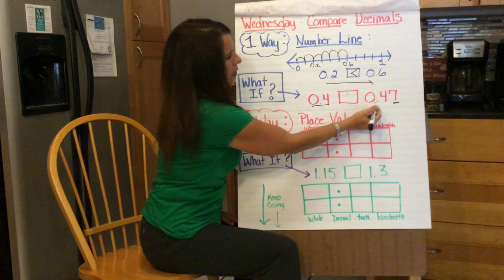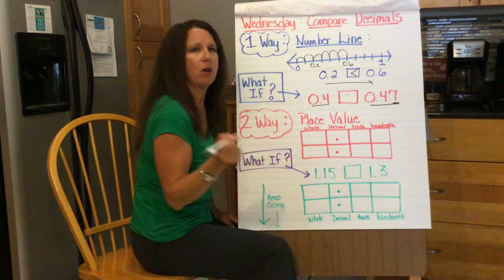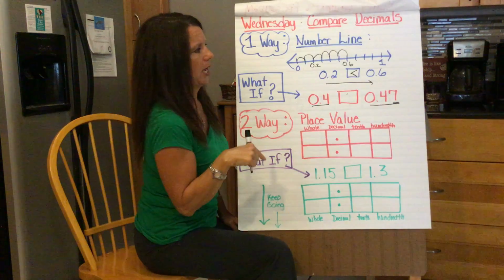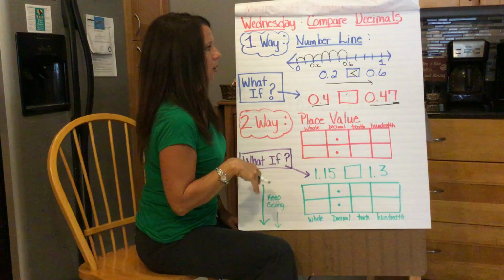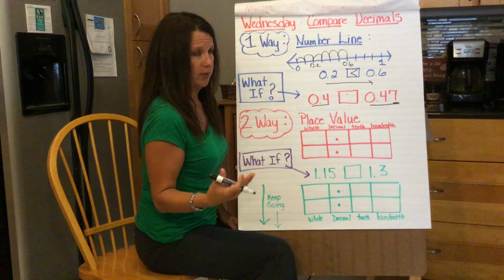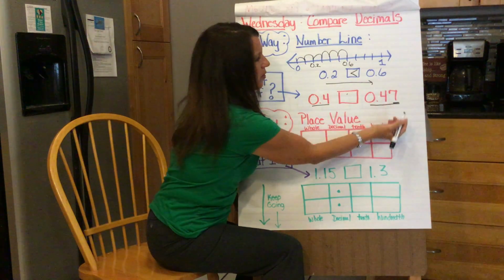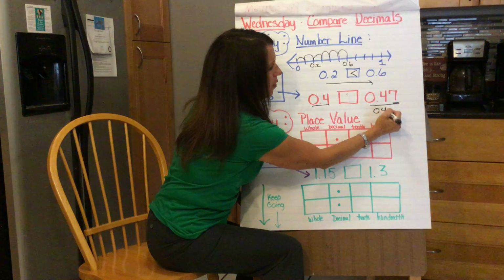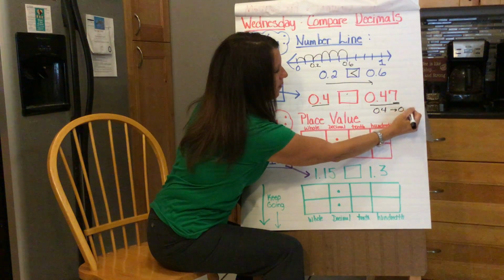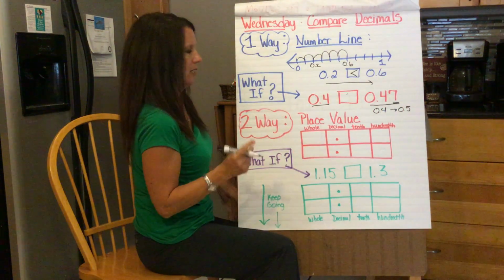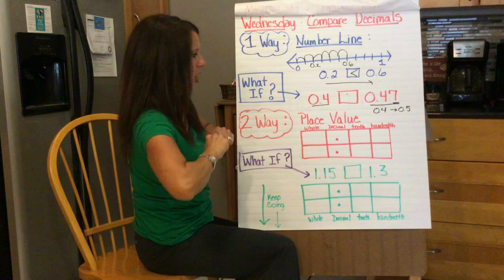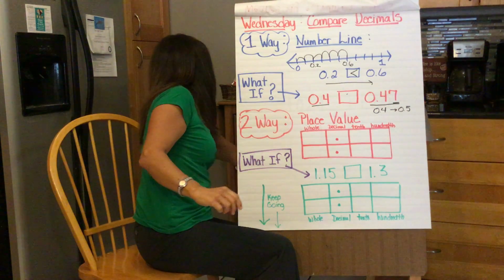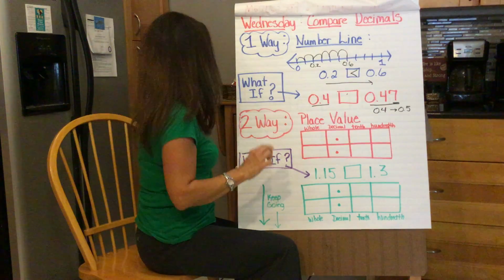All right. What if you have 0.4 here, 0.47? This kind of goes back to what we did earlier, and on Monday as well. Well, remember what we said, 0.47 is going to be between 0.4 and 0.5. All right, so I'm going to get a different color and mark that on my number line.